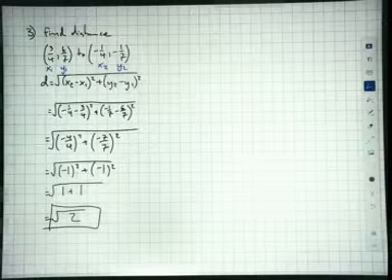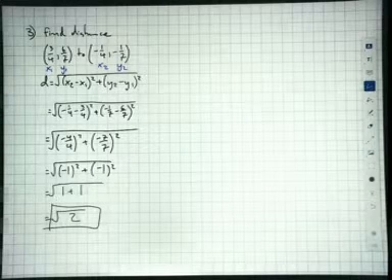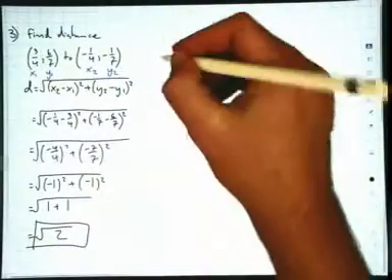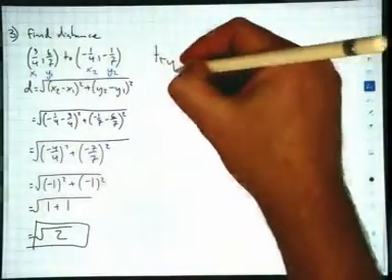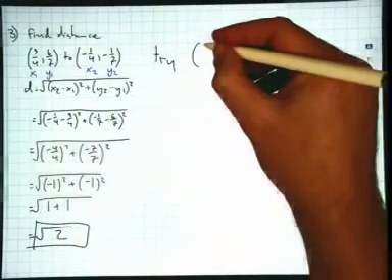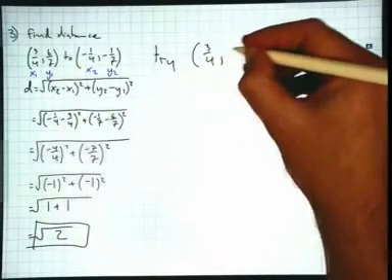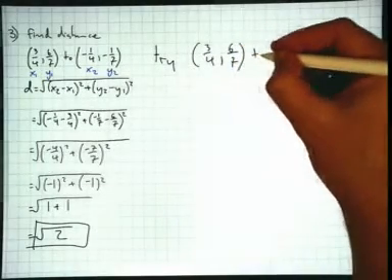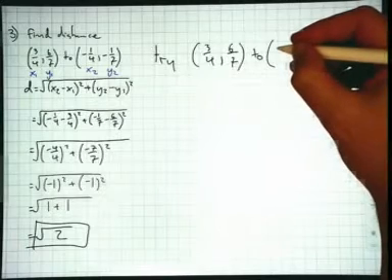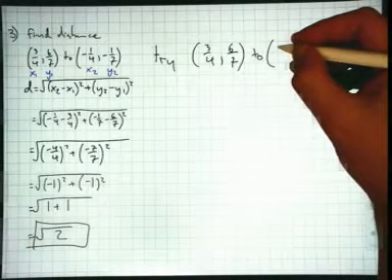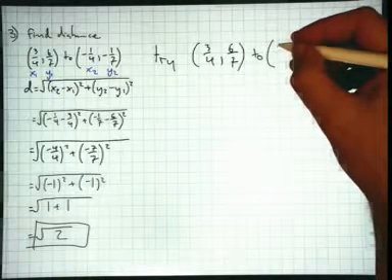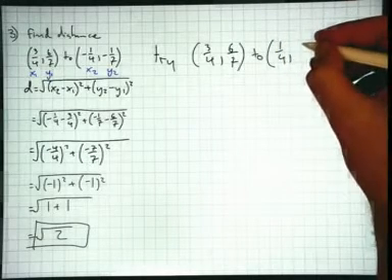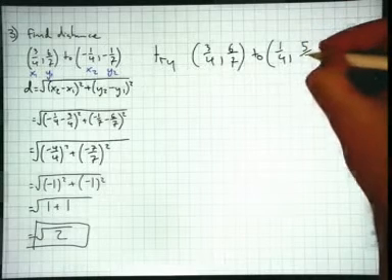So, I would see what happens if you did something like, try doing something like this. What if you had the points 3/4, 6/7, and let's change it up a little bit to, I don't know, 1/4 to, I don't know, 5/7.